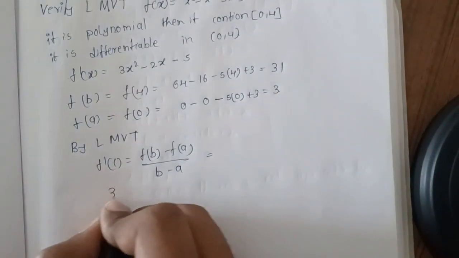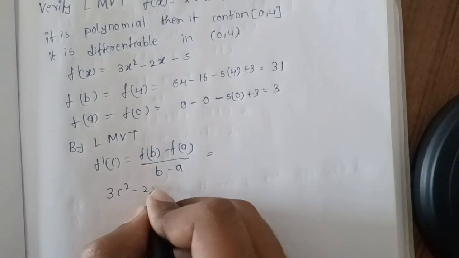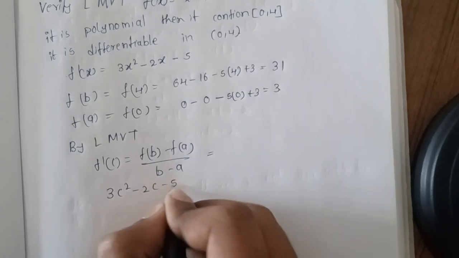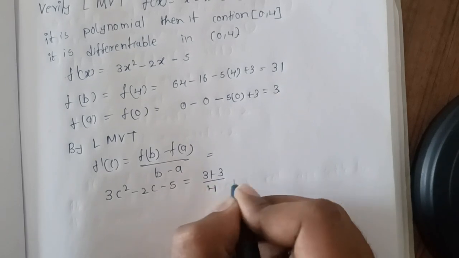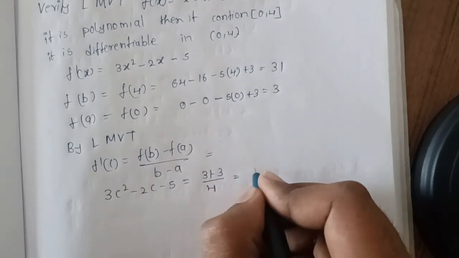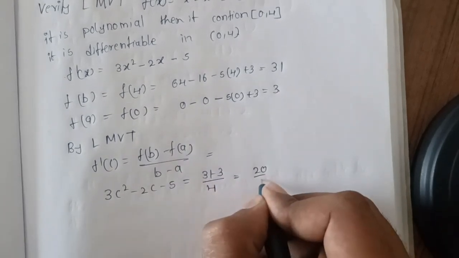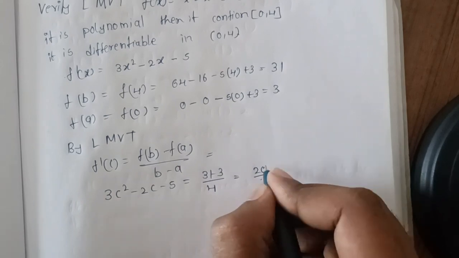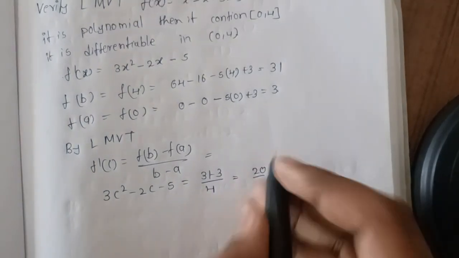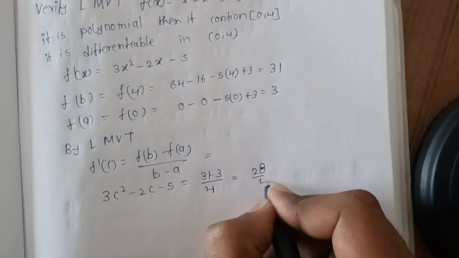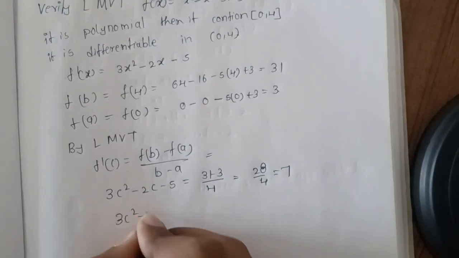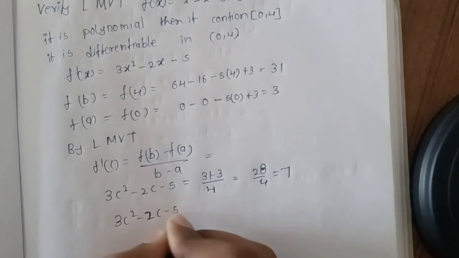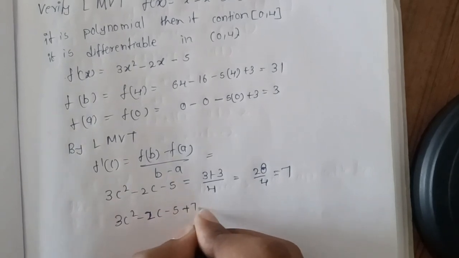The next line: 3c square minus 2c minus 5 is equal to 31 minus 3 by 4. It becomes 28 by 4, which is 7. And the next, 3c square minus 2c minus 5 minus 7 is equal to 0.